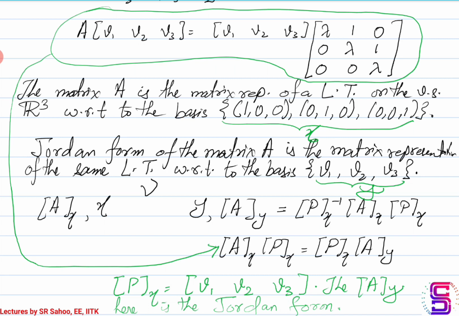So the Jordan form is a matrix which contains the eigenvalues in the diagonal. Or rather, it is a block diagonal matrix where each block is something known as a Jordan block. Now, what is a Jordan block? Let me put it down.